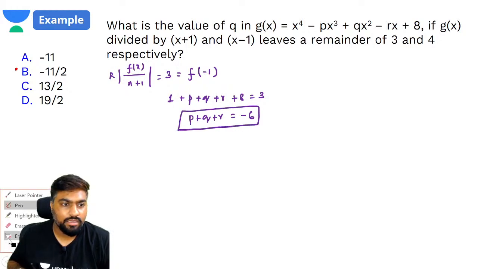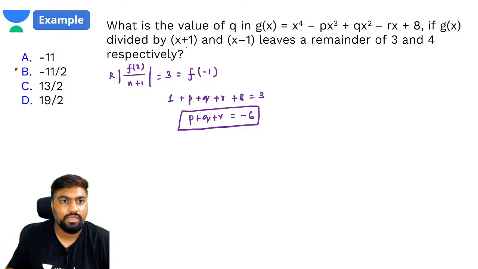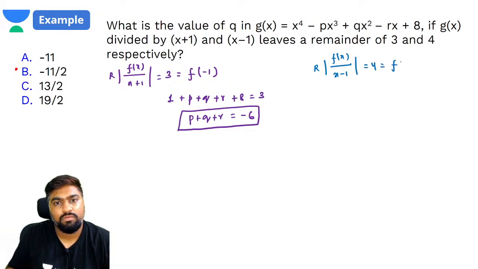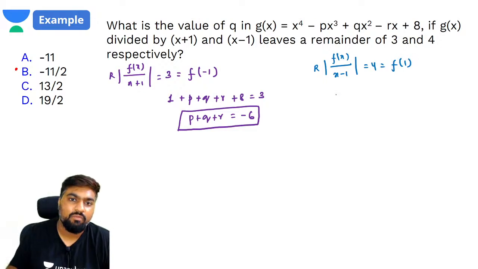Yes, and in the other equation what would you get? Dividing by x minus 1 gives remainder 4. So remainder when f of x is divided by x minus 1 is 4, which is equal to what? F of 1. A will become 1 here.